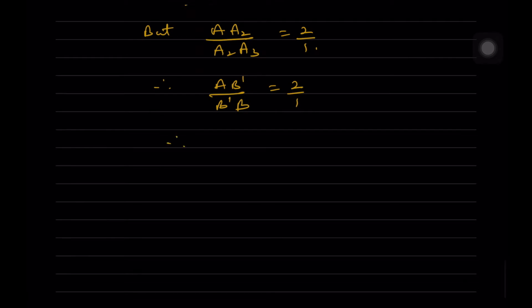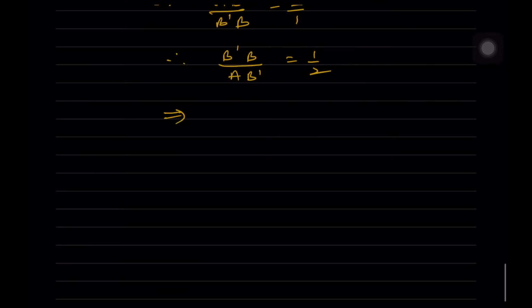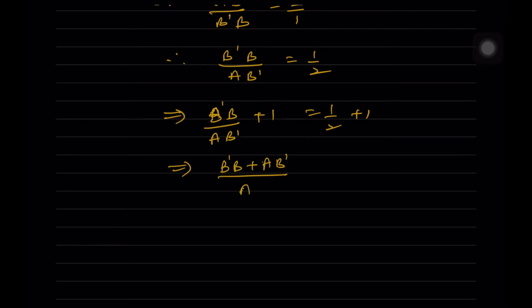Therefore B dash B by A B dash is equal to 1 by 2, which implies that, adding 1 on both sides, we are going to get B dash B plus A B dash by A B dash is equal to 3 by 2.